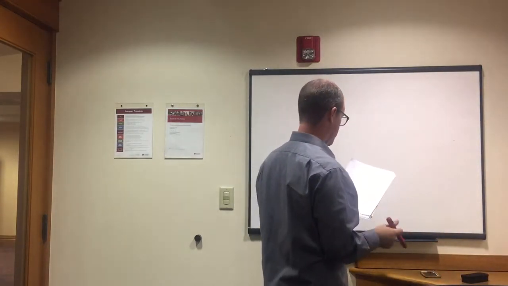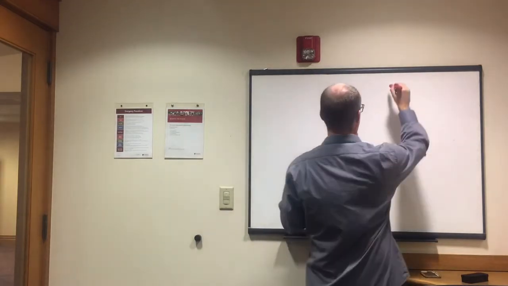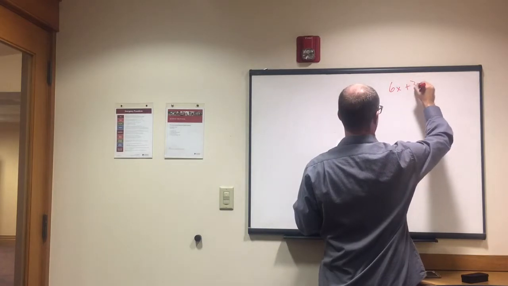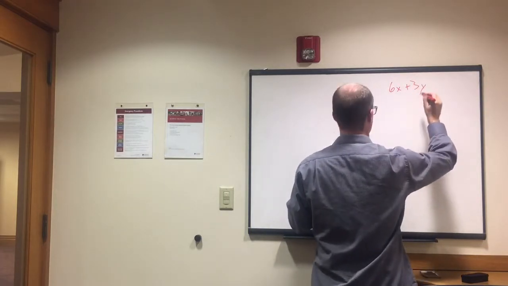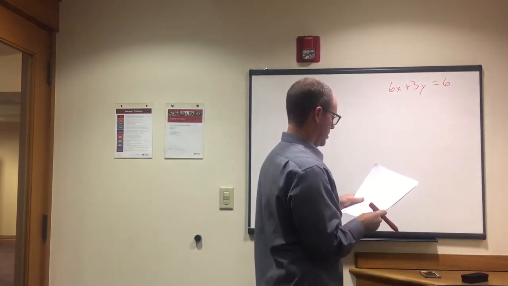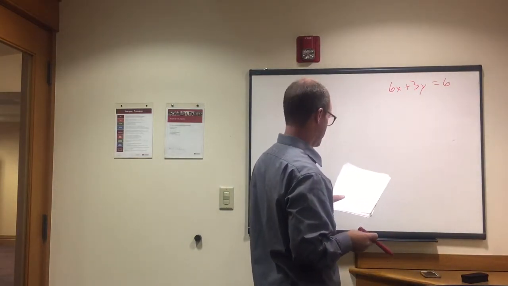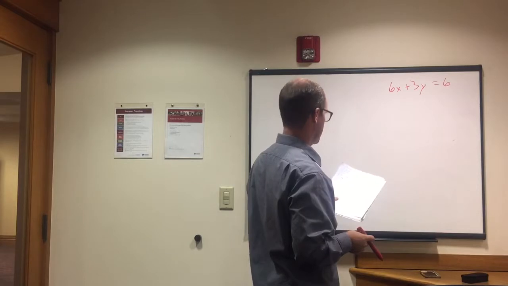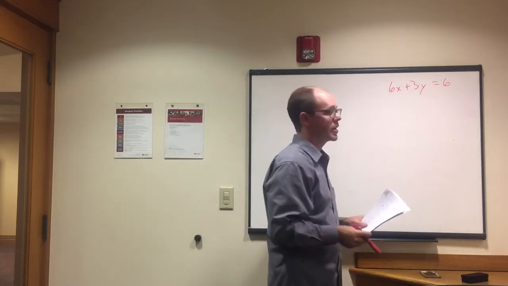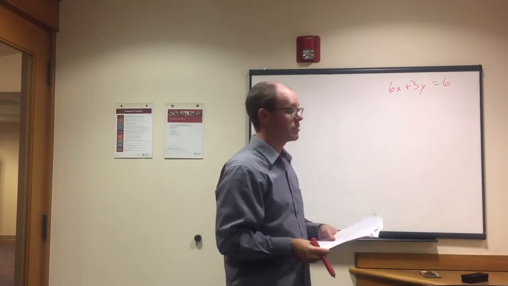Okay, probably the hardest one. Same thing. Most of math, the hard ones are just like, you just have to know like a formula or what to do. Okay, 6x plus 3y equals 6. Find the y-intercept. Okay, so the easiest way to do this, to find the y-intercept, is you just make x equals 0.